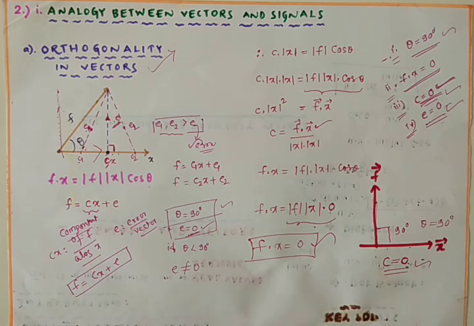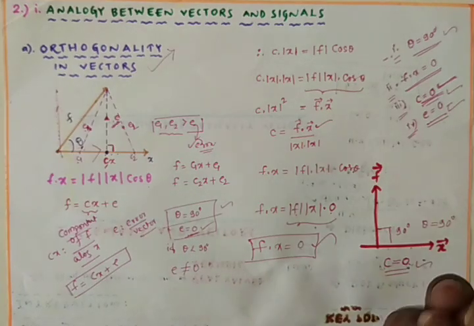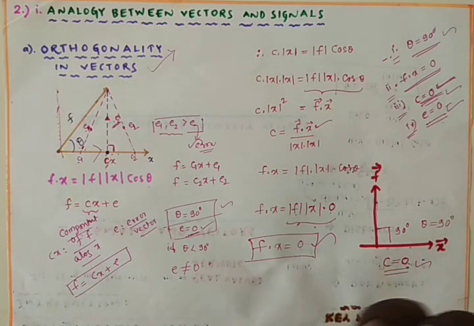If the angle between them is 90 degrees, then the dot product of those two vectors is equal to 0. Third point, no vector will project a component on another. That means component C is equal to 0. Then there is no error vector.